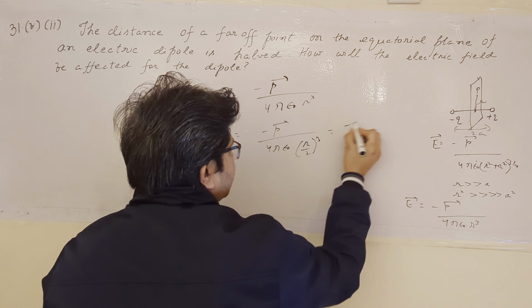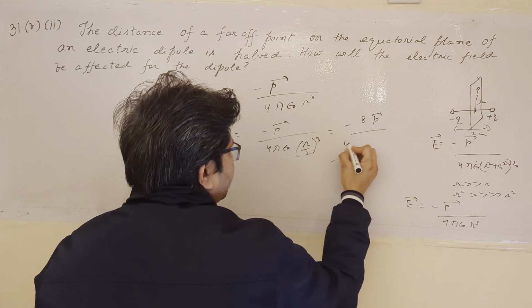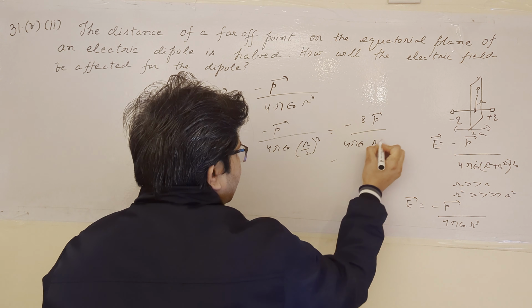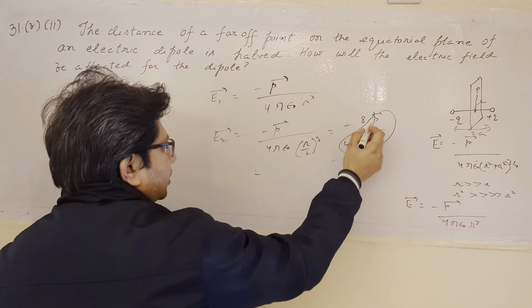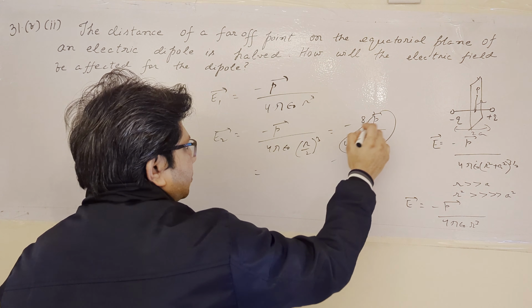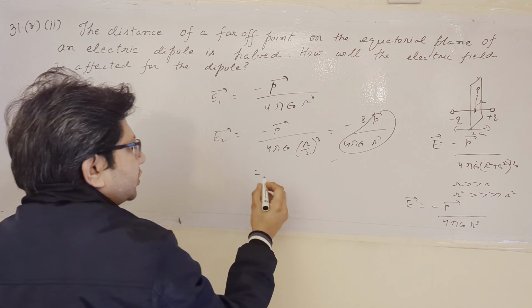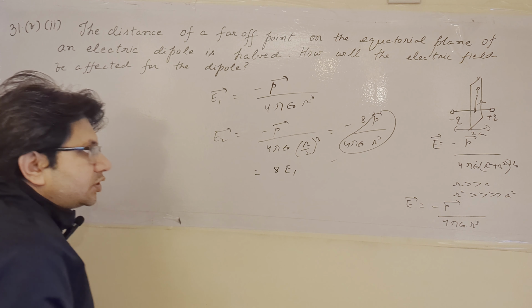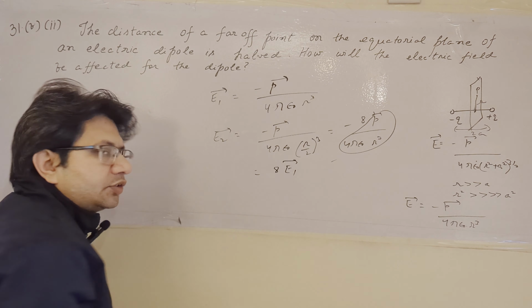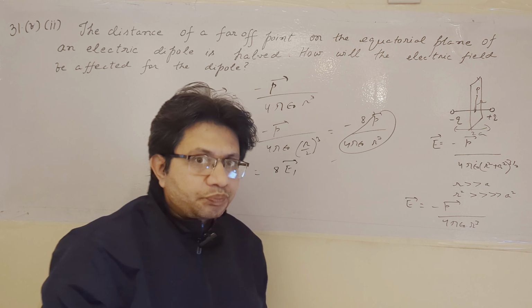So this becomes minus 8 times p upon 4 pi epsilon naught r cube, and minus p upon 4 pi epsilon naught r cube is E1. So this is 8 times E1, or in other words the electric field becomes 8 times its earlier value.